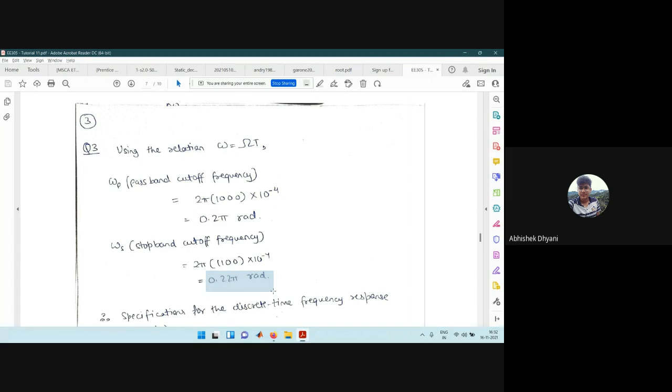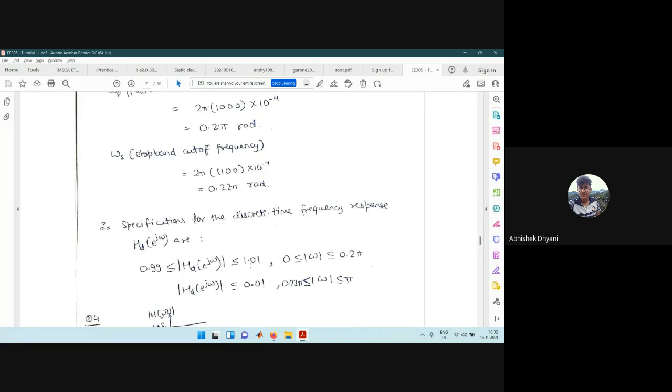Now we can write down the specifications for discrete time. The magnitude was between 0.99 and 1.01, but now this magnitude is for the discrete time frequency response, for frequency between 0 and 0.2π. Similarly, this one is the stop band specification: the magnitude of the frequency response is less than or equal to 0.01 for frequency between 0.22π, which is what we calculated, and π.